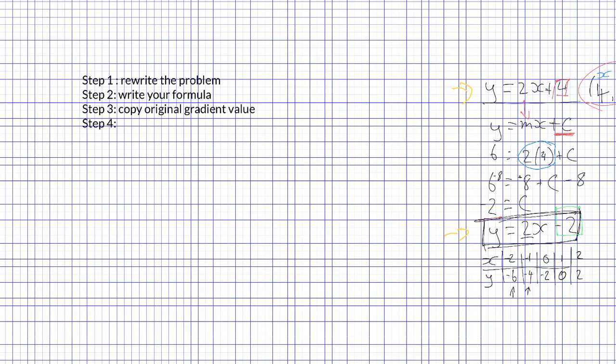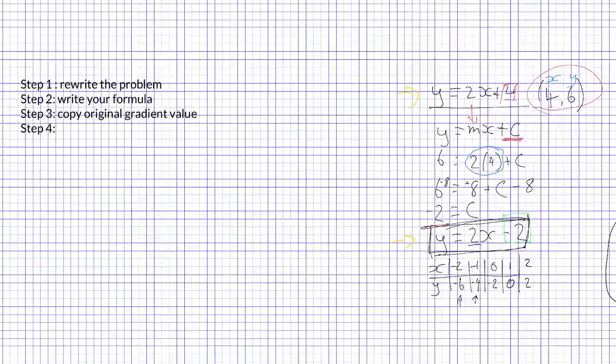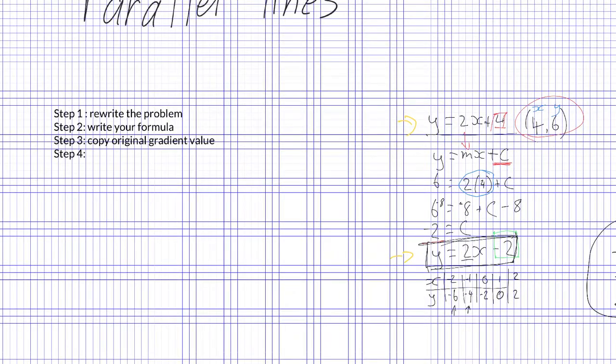Step 4. Now, in step 4, you're actually going to identify the x and the y values from your point. As you can see over there in our example, for 6, we've actually labeled the x value and the y value. That's because this helps this stage. So we are going to substitute our x and y values into the formula.